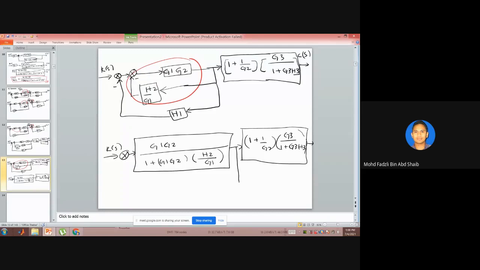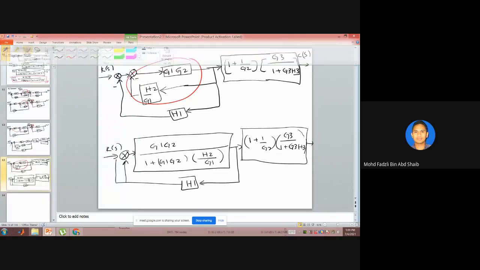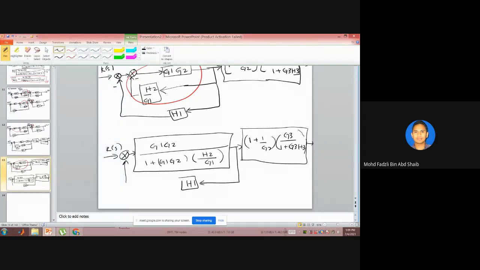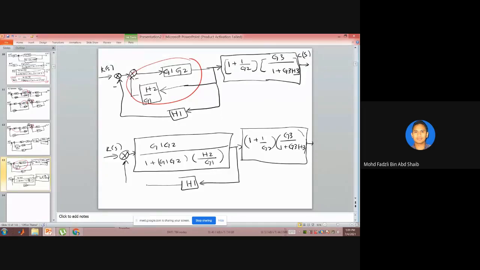But we still have this H1. So this one we need to combine also, right? G1, G2 over 1 plus G1, G2, H2 over G1.